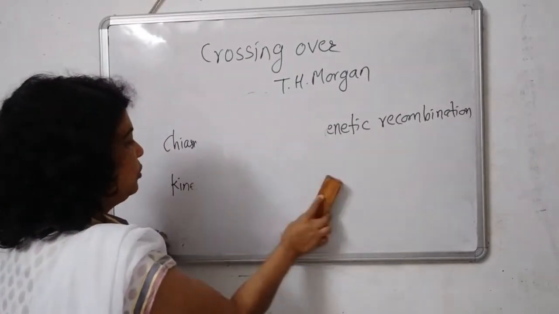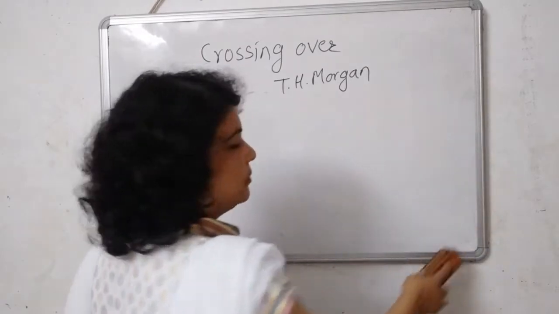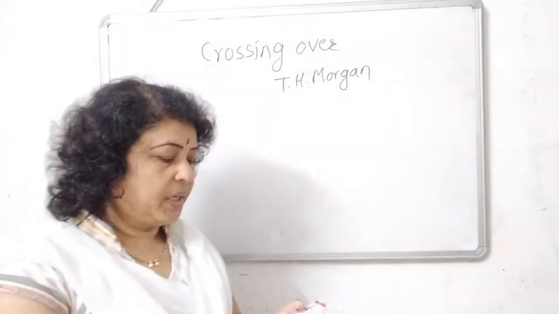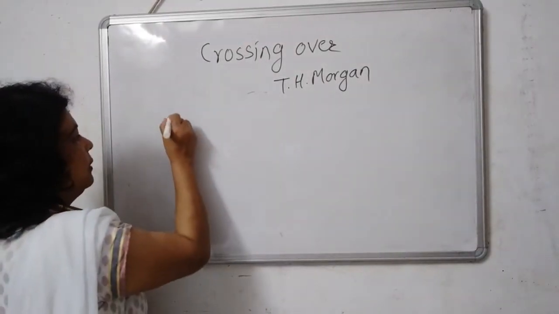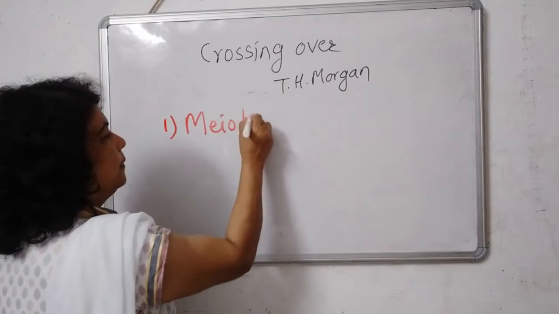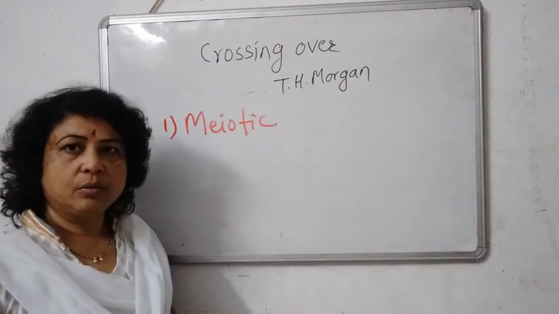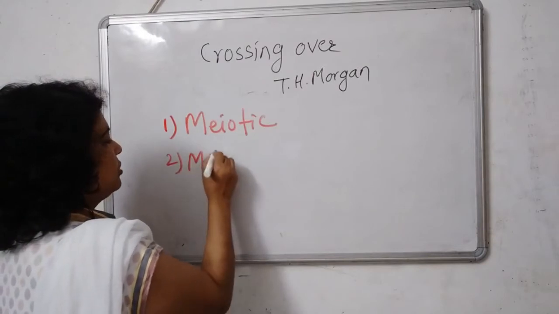There are two main types of crossing over. The first is meiotic crossing over, and the second is mitotic crossing over.